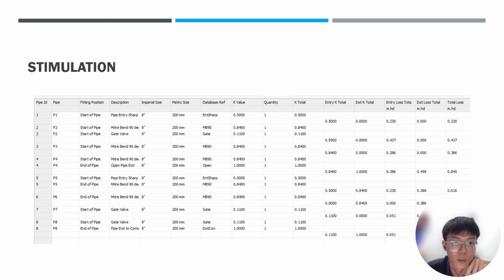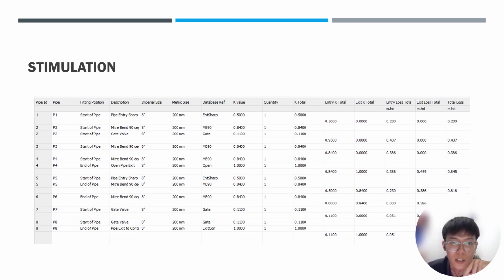So for the pipe entry the coefficient is 0.5, the 90-degree bend coefficient is 0.84, the gate valve is 0.11, the open pipe exit coefficient is 1, and pipe exit to container is also 1.